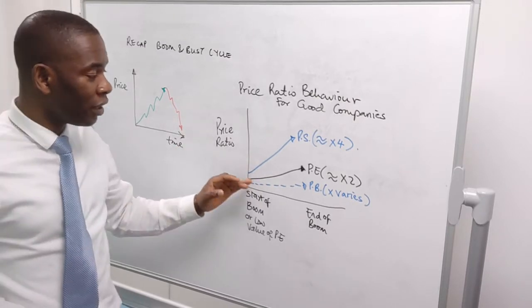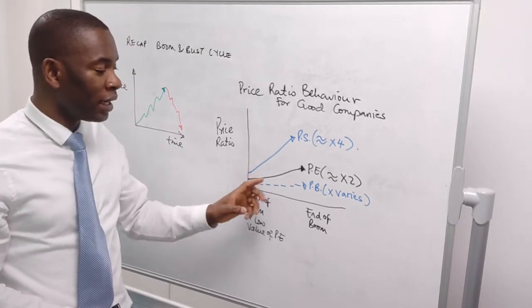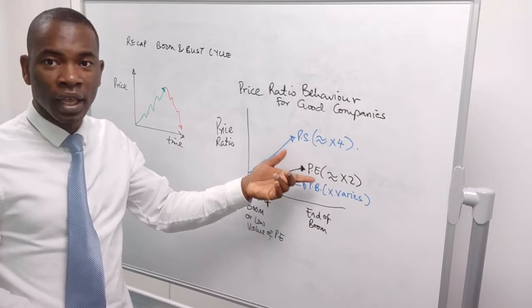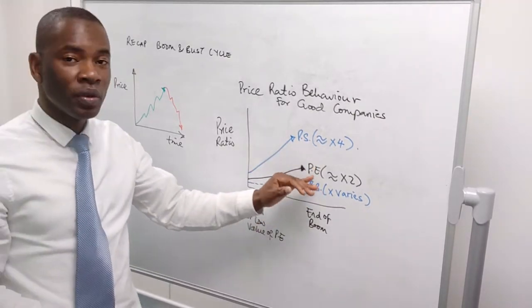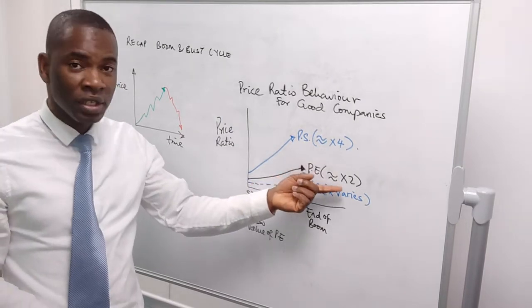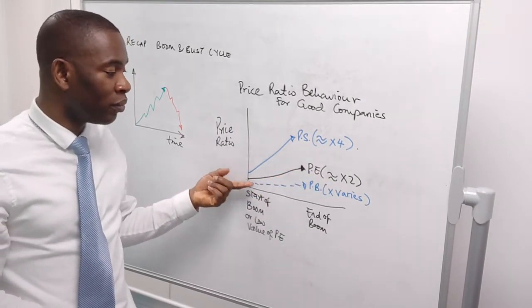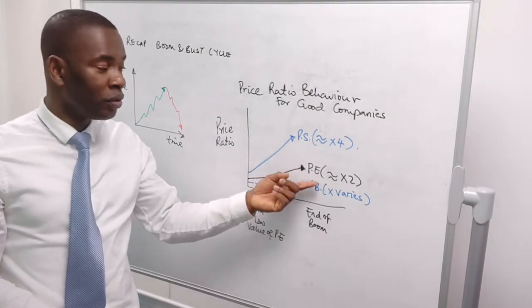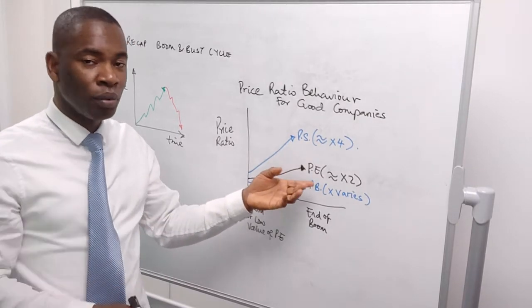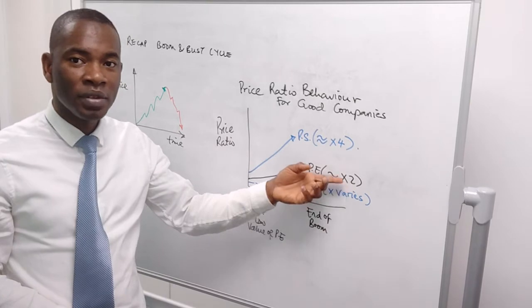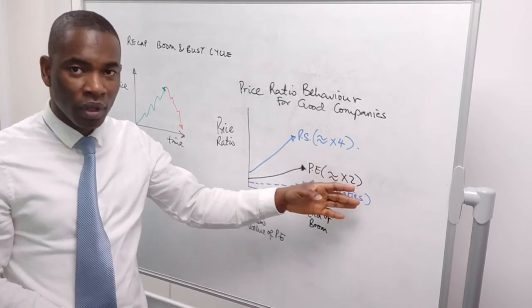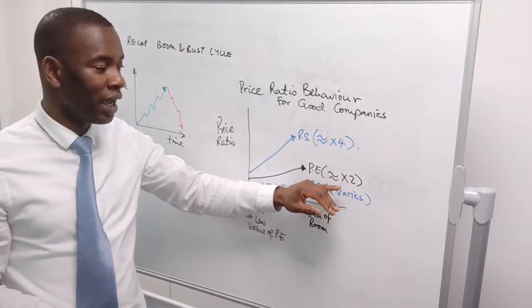Here you have a low value, and just before the end of the boom you have very high values. Price to earning ratio normally changes from the start of the boom to the very end of the boom by roughly times two or more, or at least times two.